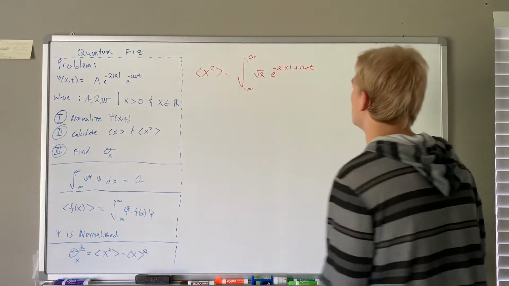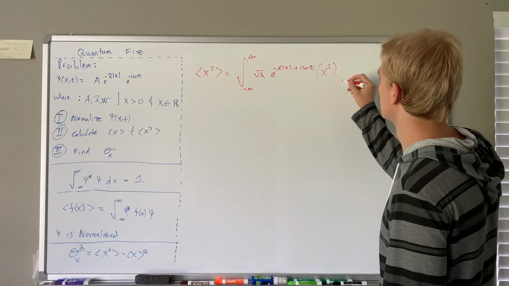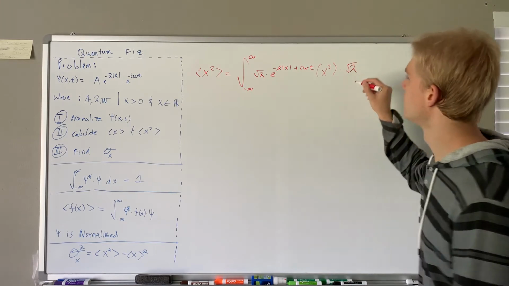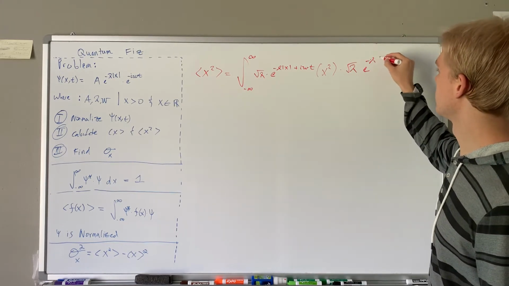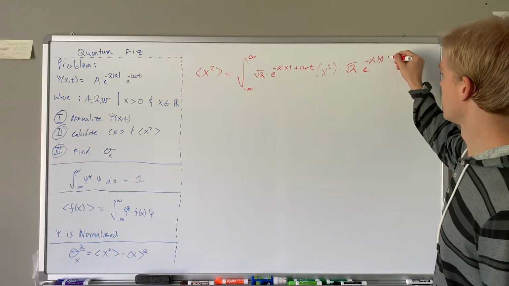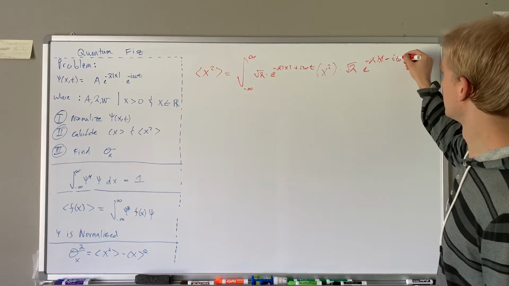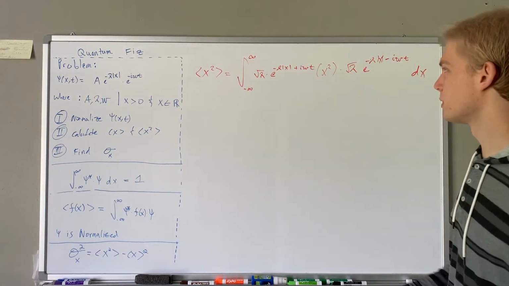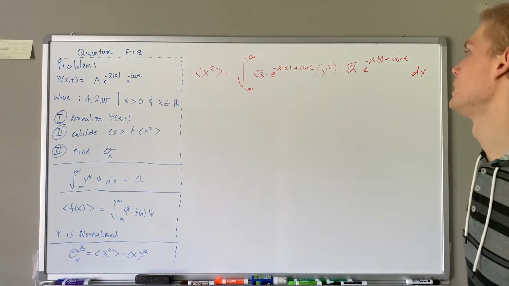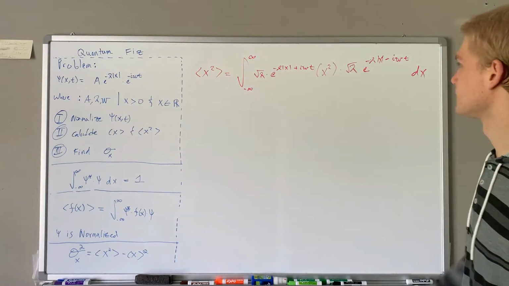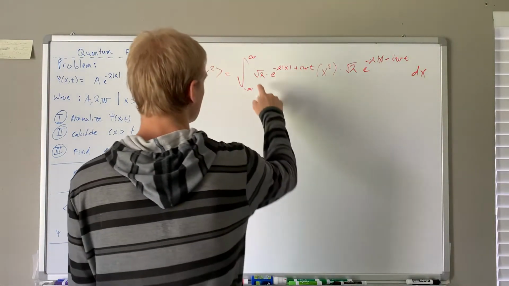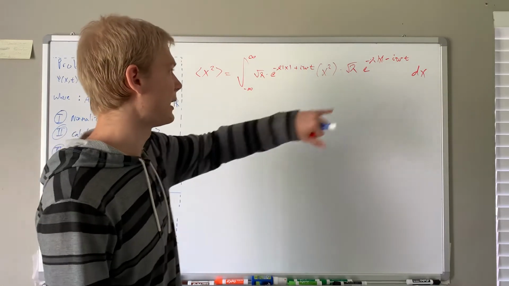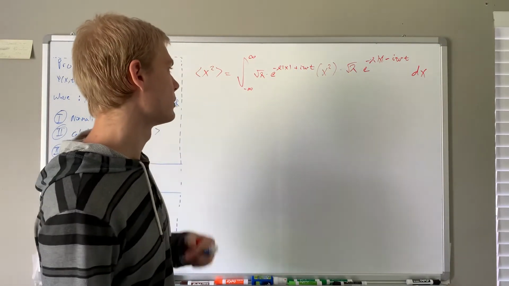Then I slap in my x squared, multiplied by the square root of lambda e to the negative lambda absolute value of x, minus i omega t. I wrote it all out just for fun, to show you if you didn't catch what I did before. These go away because they're opposites, and then these become just lambda, and this becomes e to the negative 2 lambda absolute value of x, and x squared is just x squared because there's no other factor.